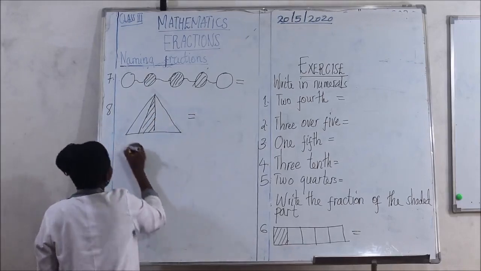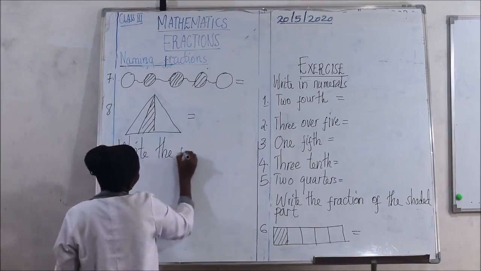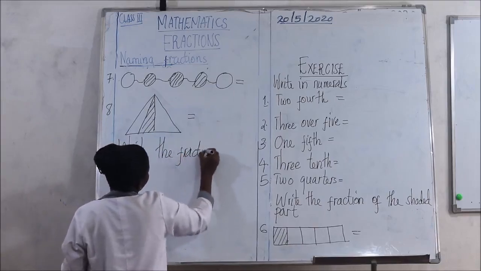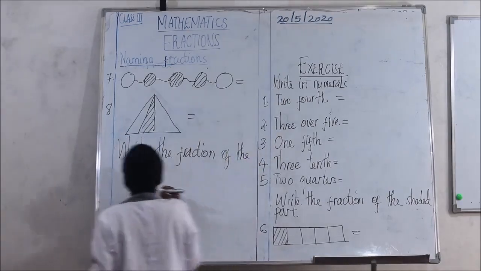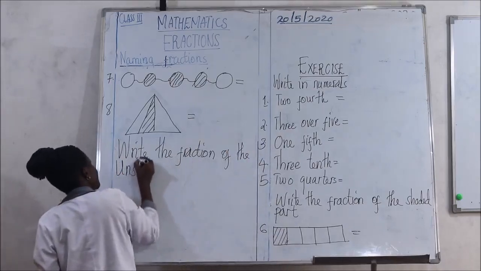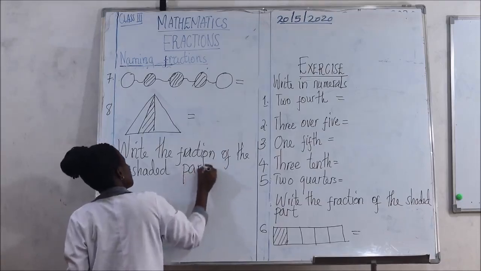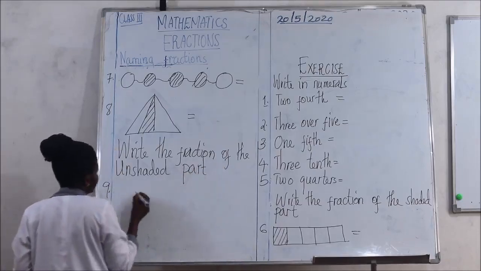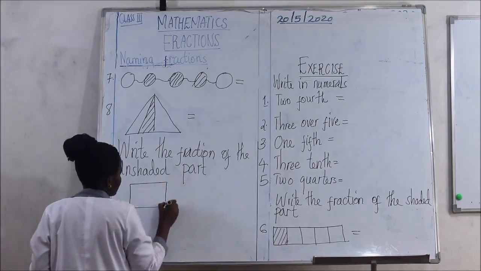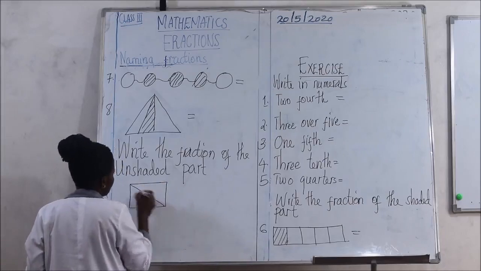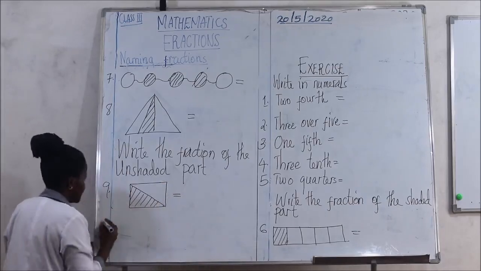And the last questions, write the fraction of the unshaded part, the opposite of shaded. Number 9. The unshaded part. Number 10.